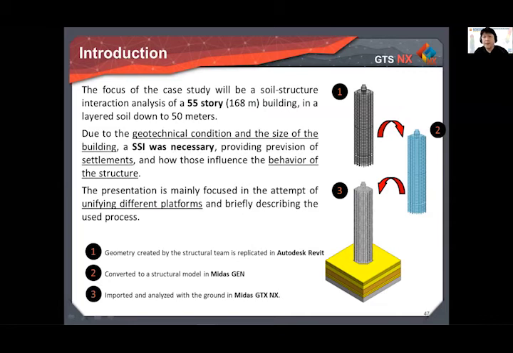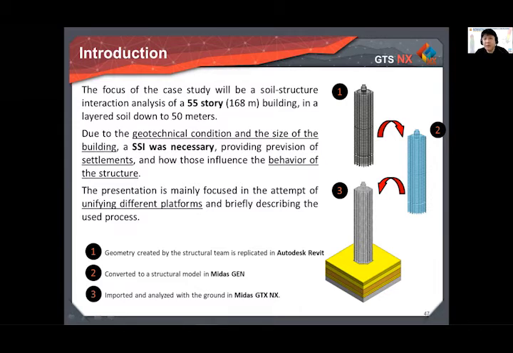So the building, which is the focus of the presentation, is 55 stories, about 168 meters tall, designed in a layered soil of low resistance. And because of the size of the building and the soil profile, soil structure interaction was necessary to evaluate the settlement and the behavior of the structure.